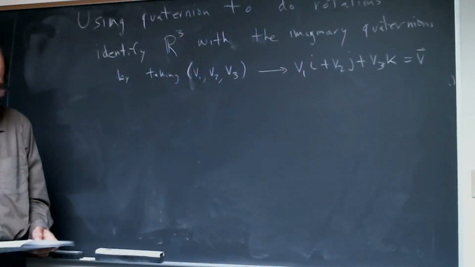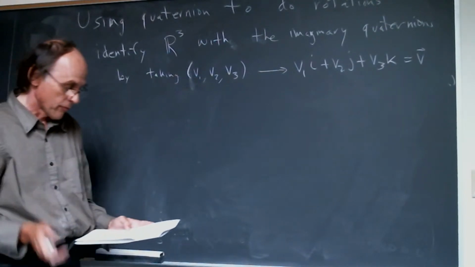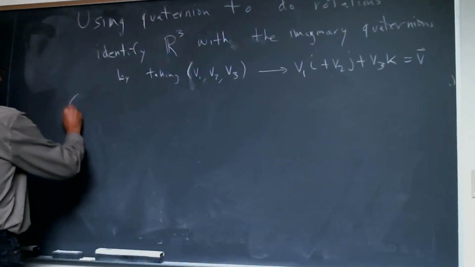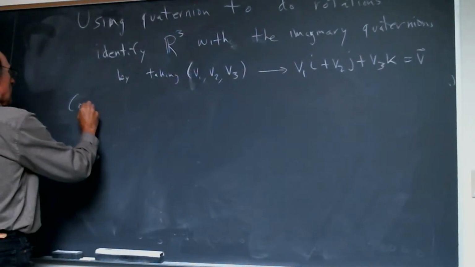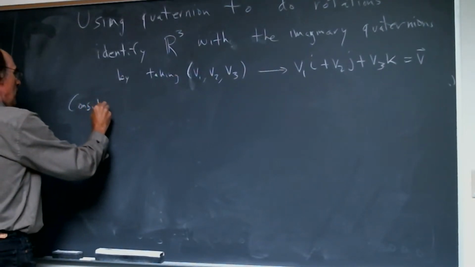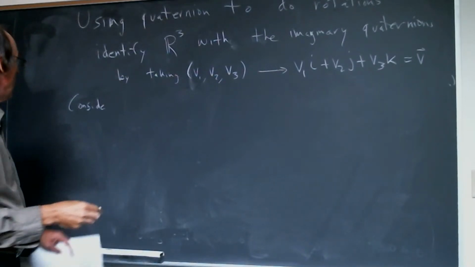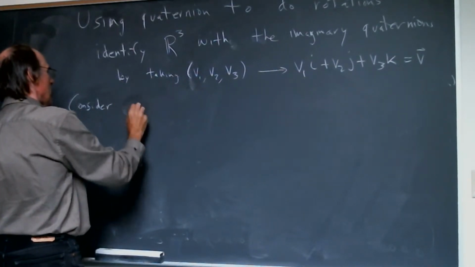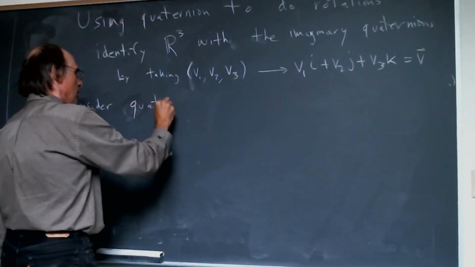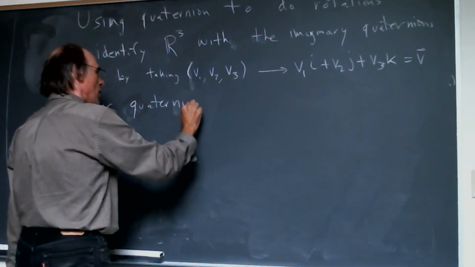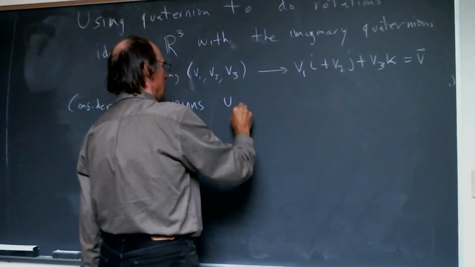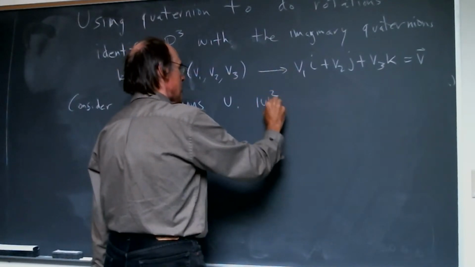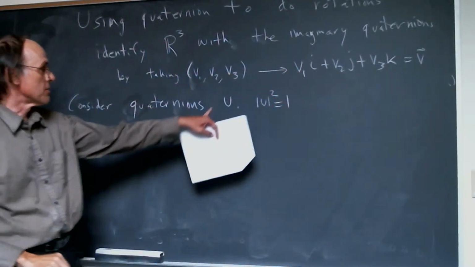Okay, and now here's the trick. Consider quaternions u such that the length of u squared is equal to 1.